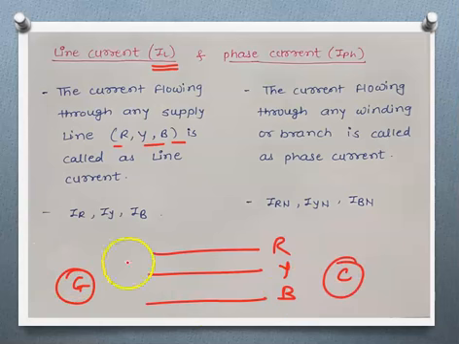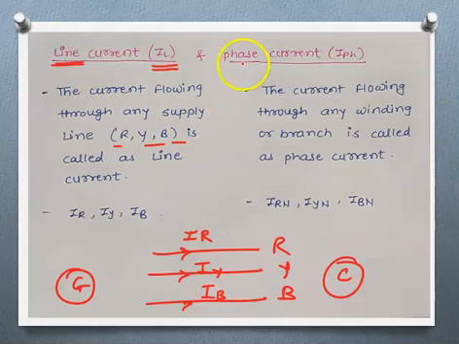The current flowing through any supply line is called line current. If it is through the R line, then IR; if through the Y line, then IY; and if through the B line, then IB. This is called line current.